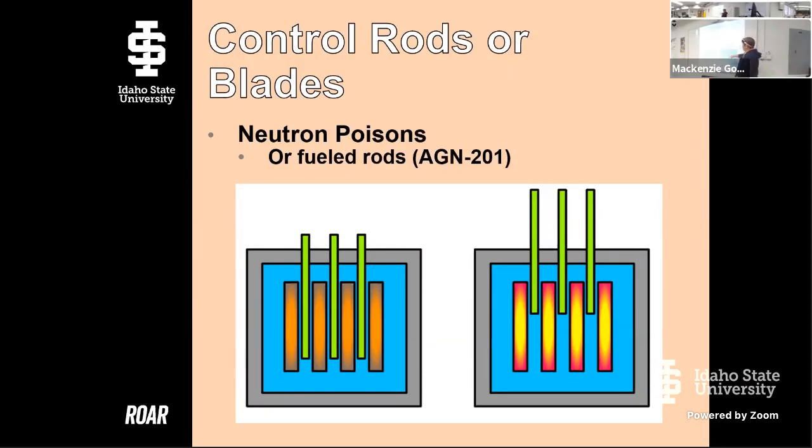When you start removing those rods, less and less neutrons end up going into that poison material, which means a whole lot less of them are parasitically captured, which means they're able to end up in the fuel, which means you're able to create more fission, which means you create more power and more heat. So by inserting or removing that poison material, you directly control the fission reaction that's going on in your core.